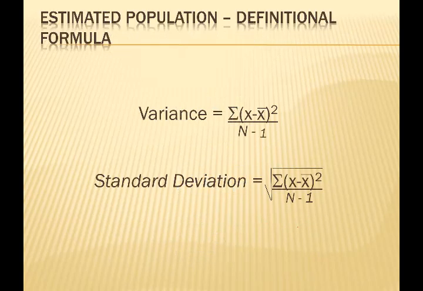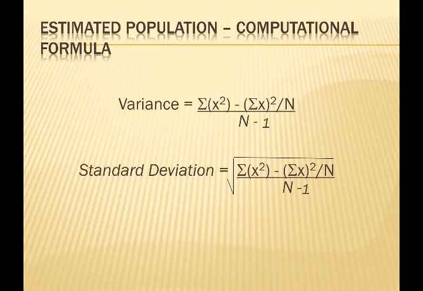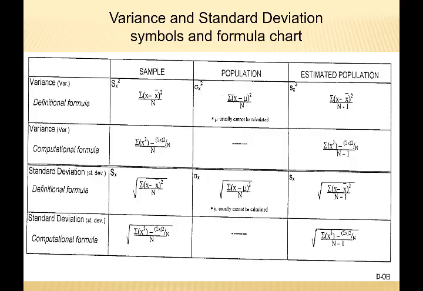So then for the estimated population using the definitional formula, the formula for variance just takes on -1. And same thing, -1, for the computational formula, which we know is a lot easier, and it does the same thing. Whatever the formula is, we just add -1 to the bottom to get the variance or standard deviation of the estimated population. Everything else remains the same.